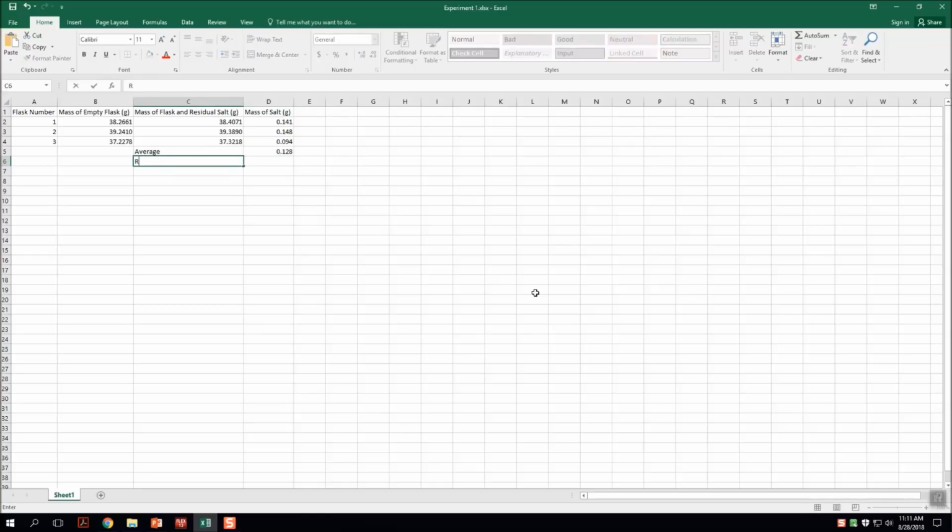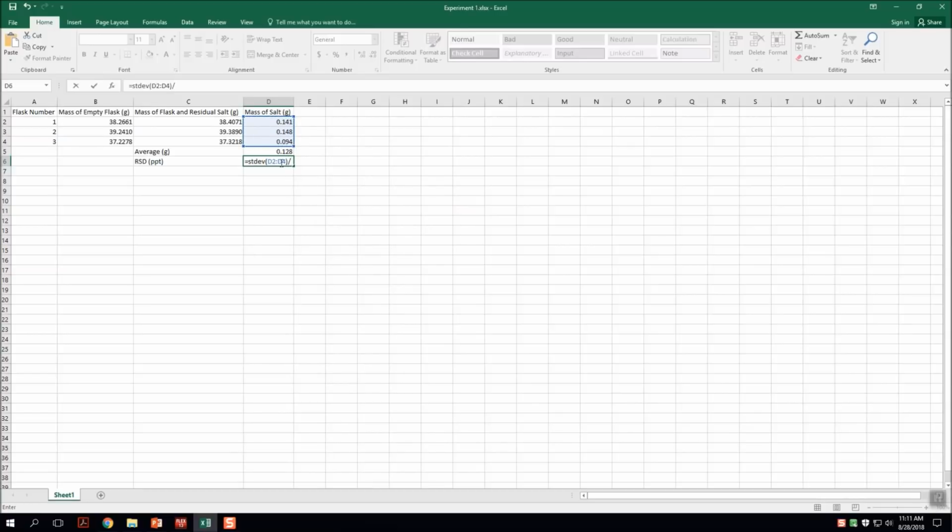Now I want to calculate the relative standard deviation, in parts per thousand. And I should have mentioned the average is in grams. The relative standard deviation in parts per thousand is equal to the standard deviation divided by the average times 1,000. So to calculate standard deviation, Excel knows how to do that. STDEV, open parentheses, select the data, close the parentheses.